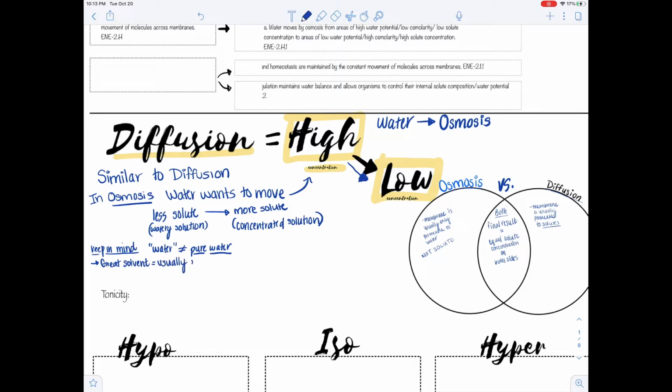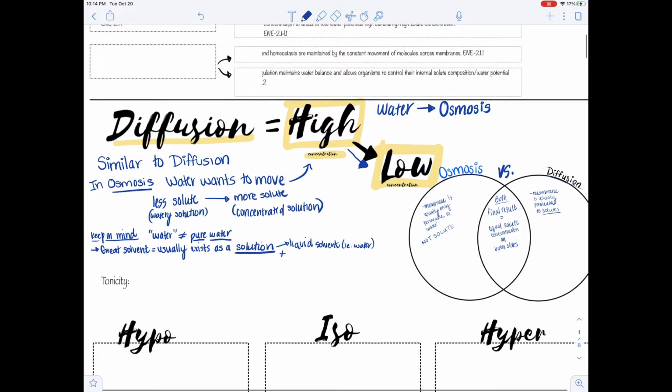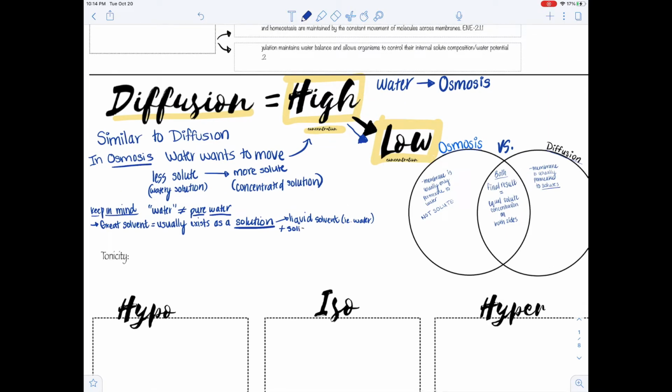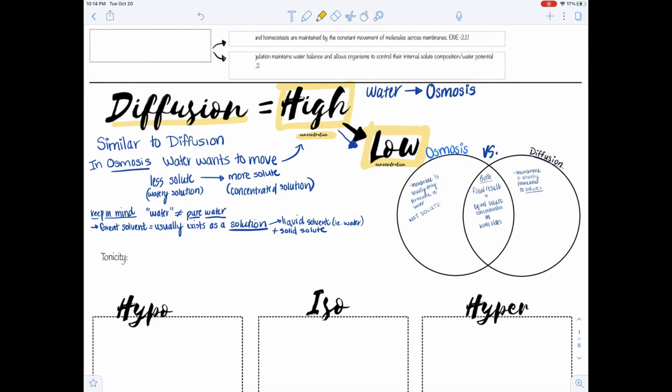Just the way that it's able to dissolve everything and be a universal solvent means that you will usually find it as a solution that does have something dissolved. Now remember the word solution. That's where we have our liquid solvent, such as water, with our solute added to it.